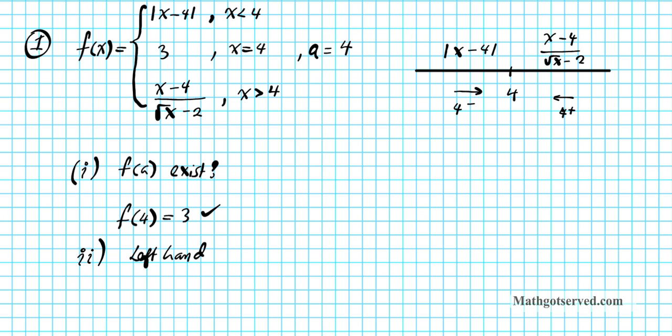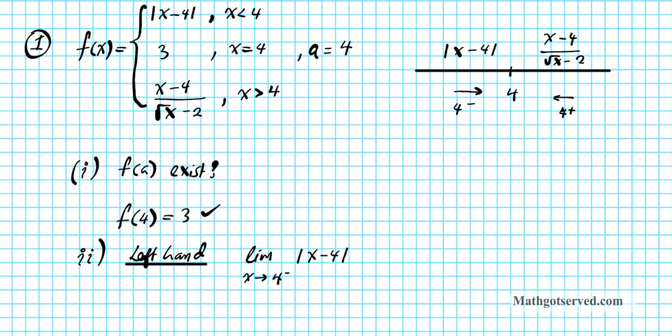So let's start with the left hand. All right, our left side. So the left-handed limit, we're going to compute the limit as x approaches 4 from the left of the absolute value of x minus 4.